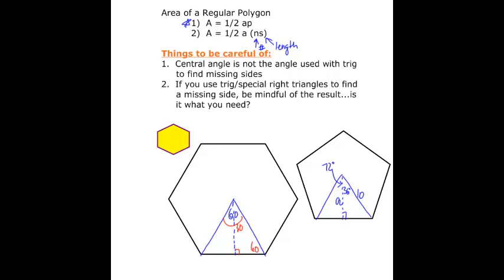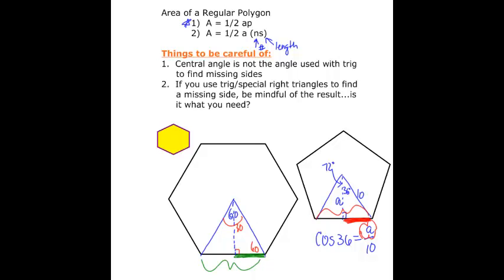Trig is going to give me the A, cosine of 36. That's going to help me find A, and I have to also find the side of the triangle. When I find the side of the triangle, I can use sine. That's only giving me this part. That's not the whole side. So you're going to have to double it in order to get the full side. Just be careful which angles you're using, which segments you're finding. Again, that's also true with the 30, 60, 90, because I'm only going to get this relationship out of the triangle. I'm not going to get the entire side.